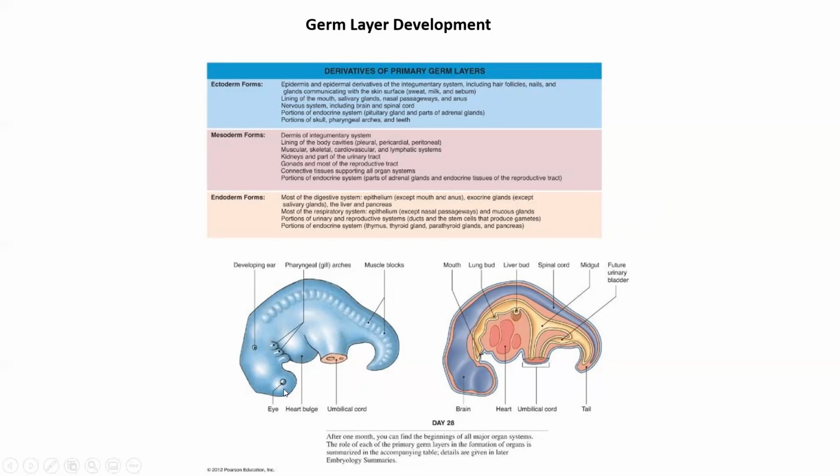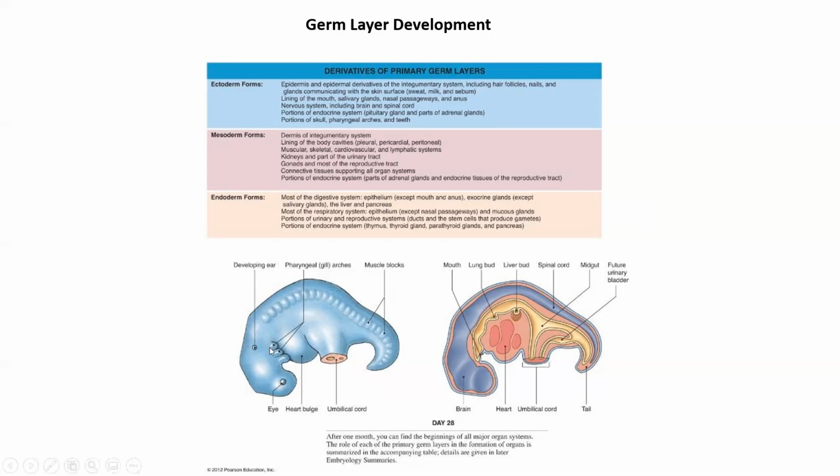In between the optic placode and the heart bulge located on the left side is going to be a series of protrusions. The first two are the maxillary process and the mandibular process, not seen here. Those give rise to the maxillary bone and the mandibular bone, or the mandible.